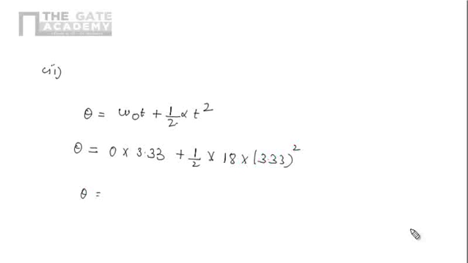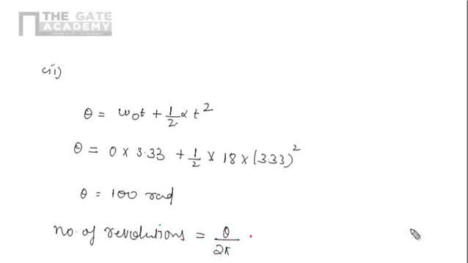So the theta value will come to 100 radian. But we are interested in the number of revolutions, which we can get as theta by 2 pi, 100 by 2 pi, which is 15.92 revolutions. So the answer for the second part is 15.92 revolutions.